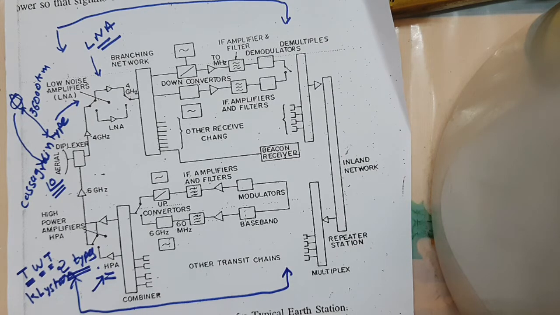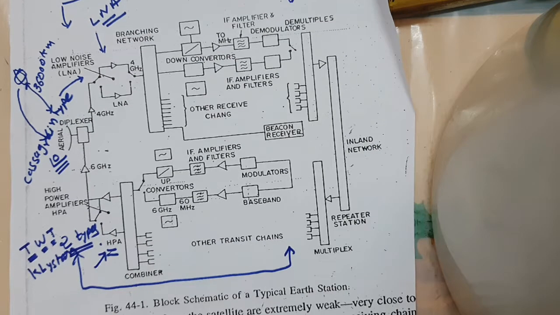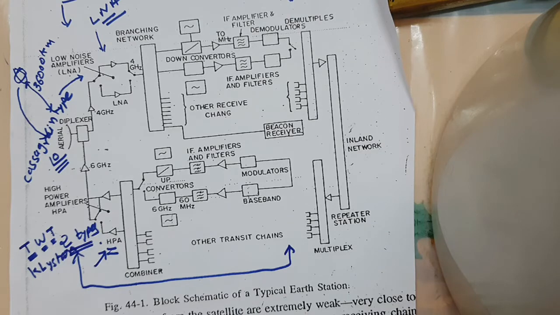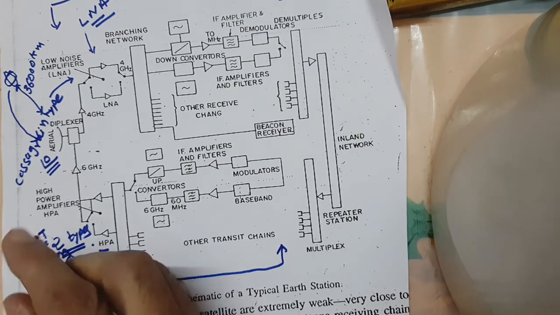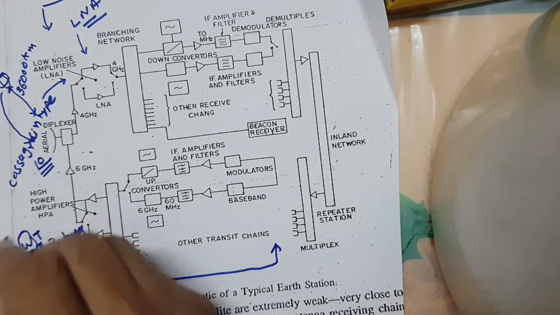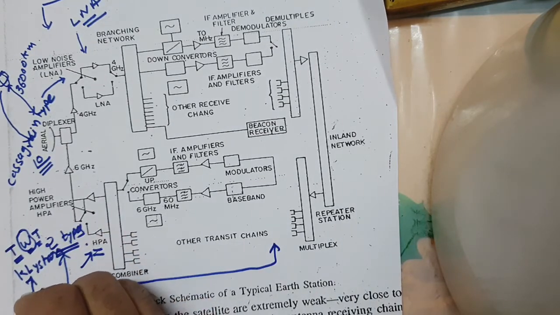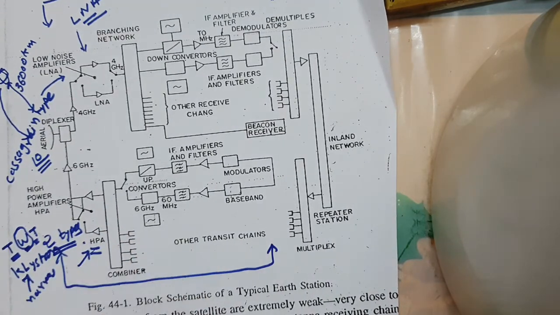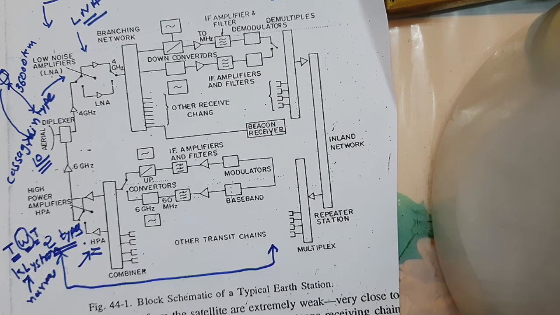The TWT type, that means traveling wave type, is widely used on account of its wideband characteristics, which extend over 500 megahertz, while the klystron has narrow band characteristics. This has a wideband characteristic, this has a narrow band characteristic, and it is frequently used on account of its simple construction and very low cost.